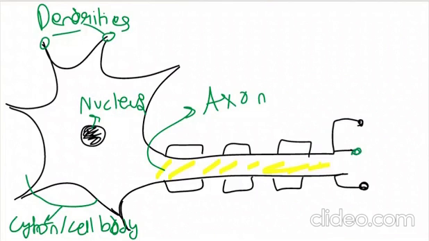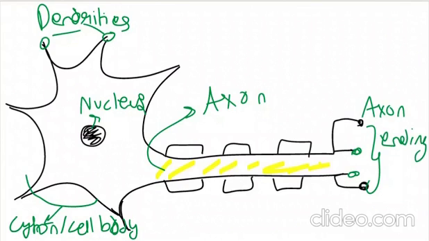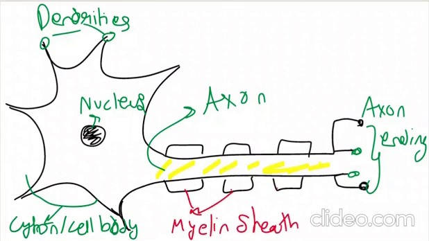Now, what are these things? These are my axon endings. You can say axon ending or nerve ending, both are the same thing. Now, there are two things here. These are known as the myelin sheath. They are made of a substance known as myelin, and it acts as an insulator so that the impulse doesn't leak out of the axon.